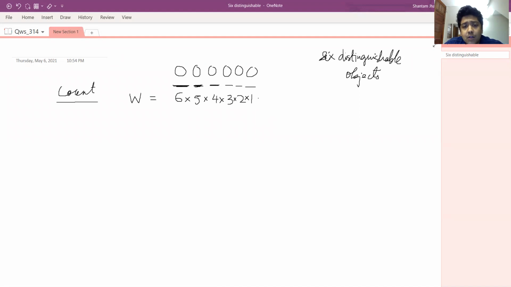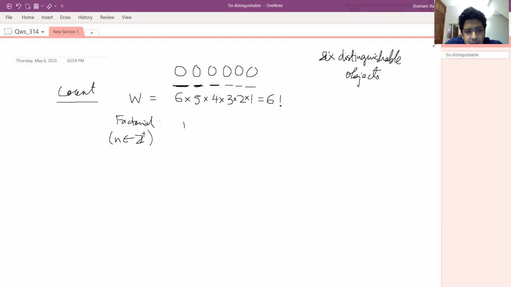Now, there's a formulation in mathematics that makes this representation easier to write. 6 times 5 times 4 all the way to 1 can also be written as 6 factorial, where the factorial is this exclamation mark sign. So let me define the factorial for positive integers, meaning 1 and so on.